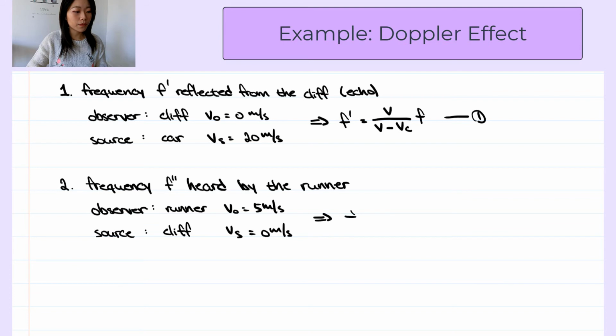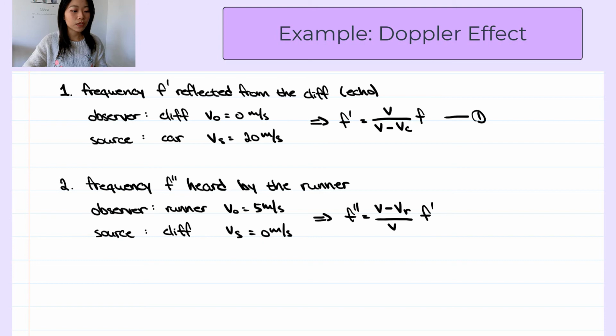So F double prime would be the wave speed minus sign here because observer is moving away, speed of observer, which is speed of the runner, divided by wave speed, and times the frequency of the echo, F prime.